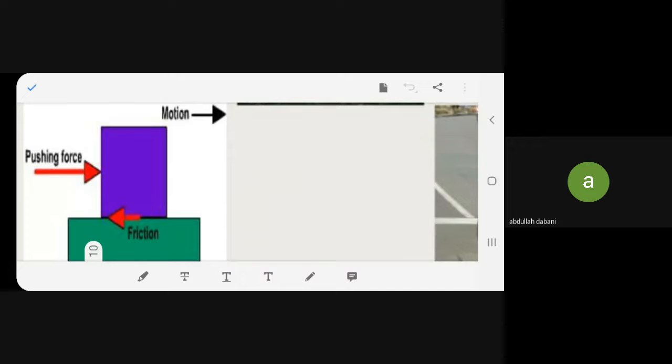Who can explain? Can you see the slide or not? Please explain what I was shown.